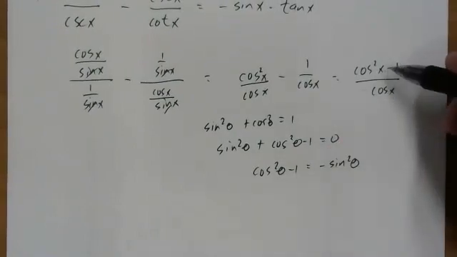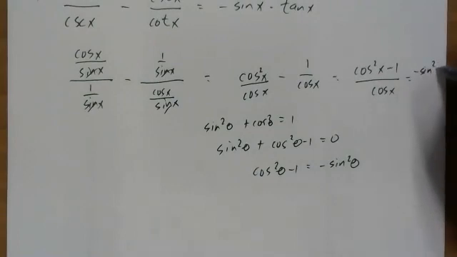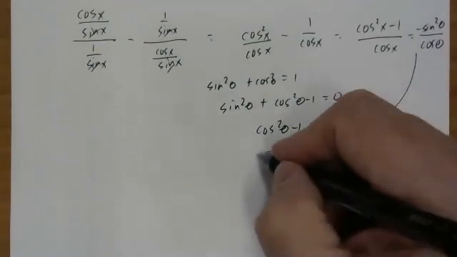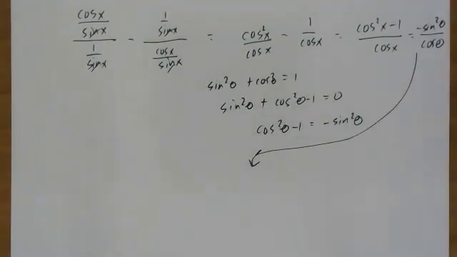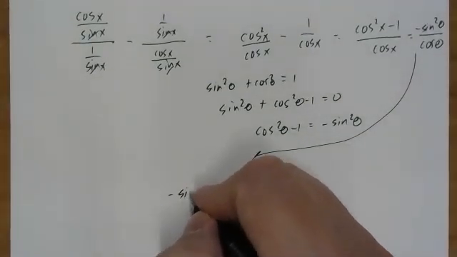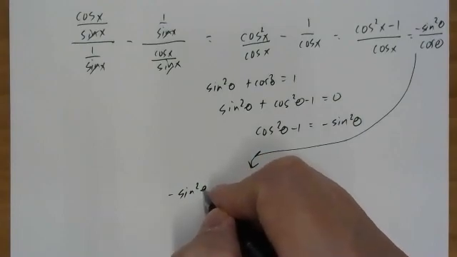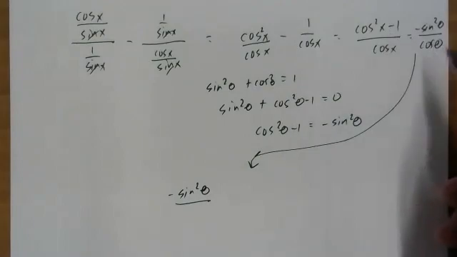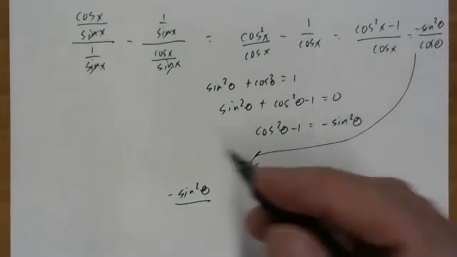So I'm going to replace this with negative sine squared of theta over cosine theta. Oh, I jumped from x's to thetas. Doesn't really matter.